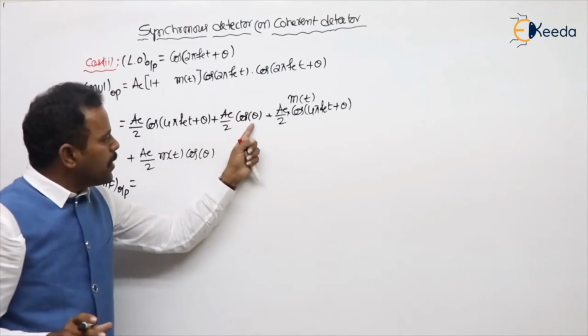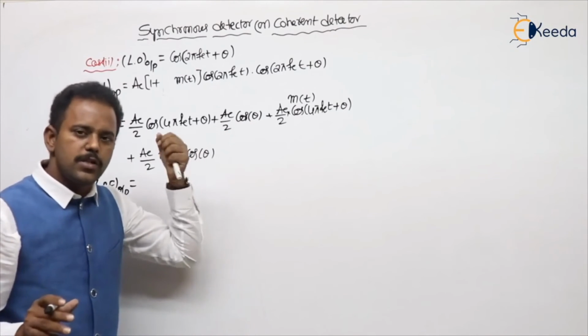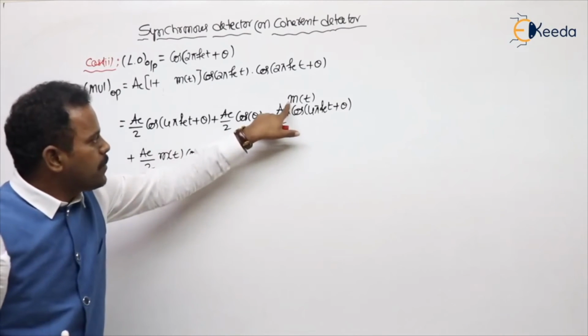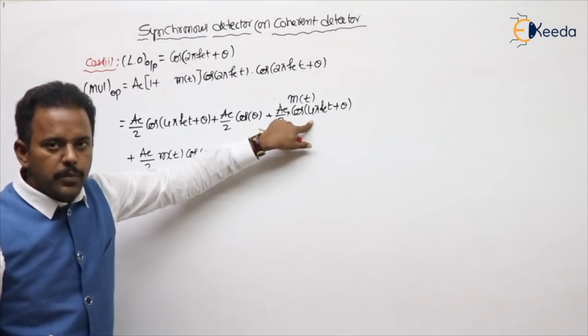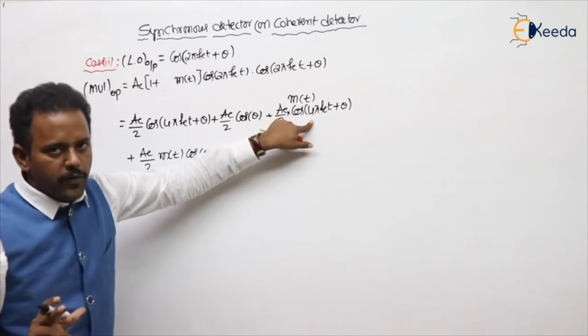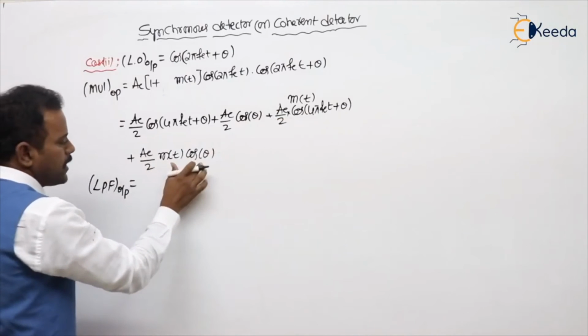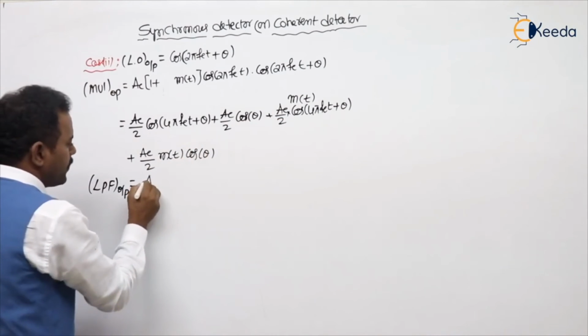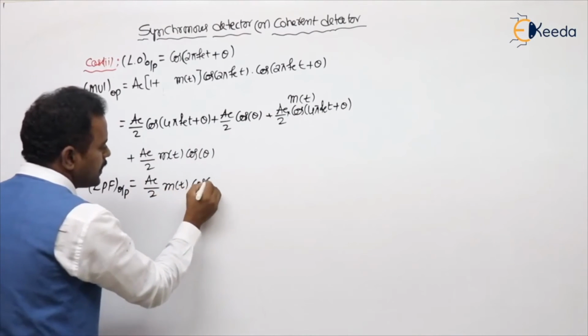Whatever it may be, it is a constant. Constants we can block by using capacitors. Don't bother. This is m(t) into 2fc, that is 2fc − ωm to 2fc + ωm, very high compared to the low pass filter cutoff frequency, so blocked. Next is Ac by 2 into cos θ, a constant, and the remaining is m(t) only. So the output is Ac by 2 into m(t) into cos θ.